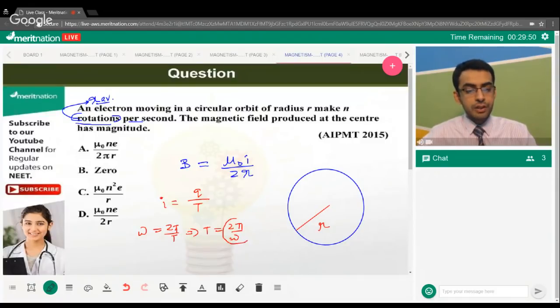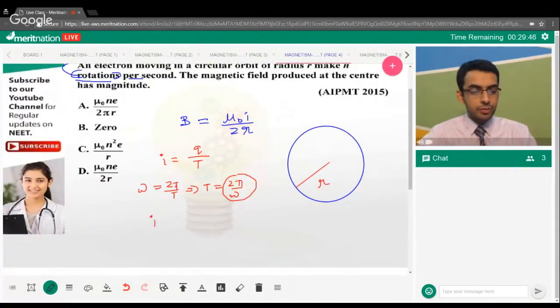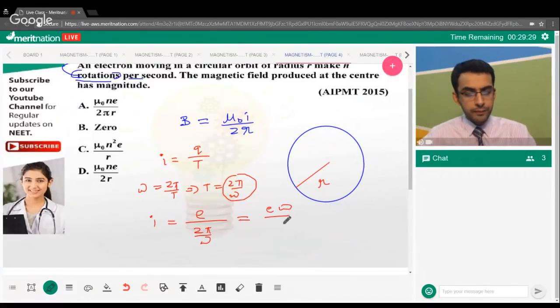Just substitute this value here. So I is equal to Q over time. Now the electron is there, so we can write E as the charge of the electron, and time is 2 pi over omega. Further we can write it as E omega divided by 2 pi.